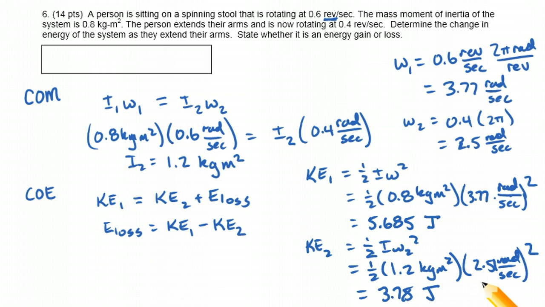Okay, so my energy loss is my initial 5.685 minus 3.78. It's positive, so it is an energy loss because that's what I assumed it to be. And that gives me 1.9 joules loss here.